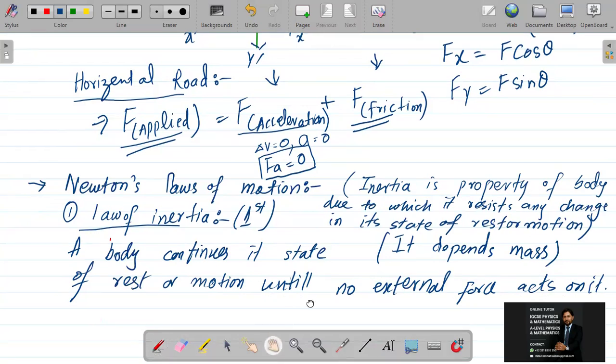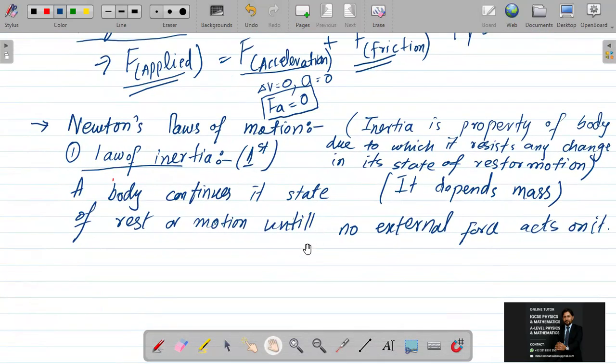This is called the law of inertia or Newton's first law.